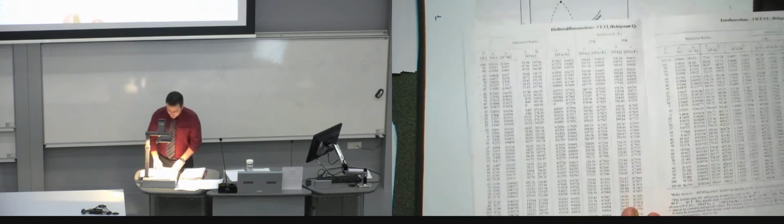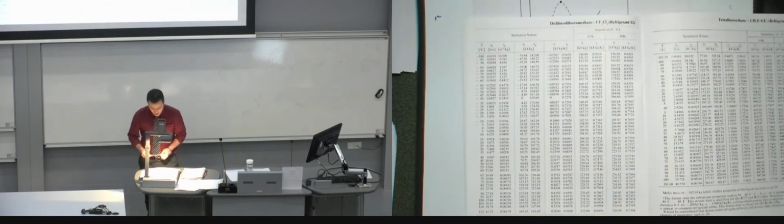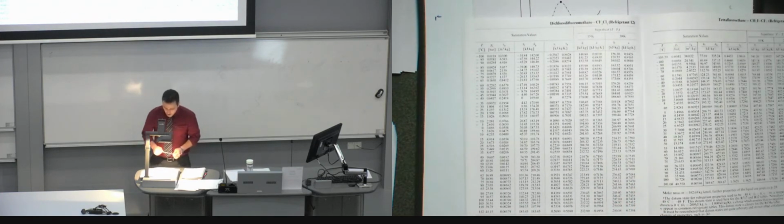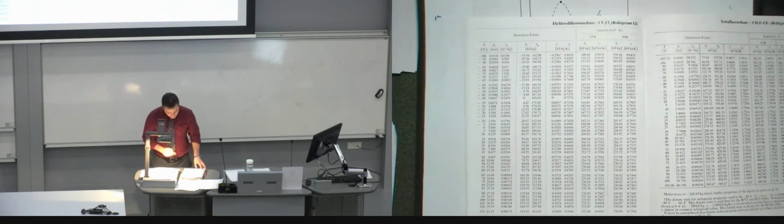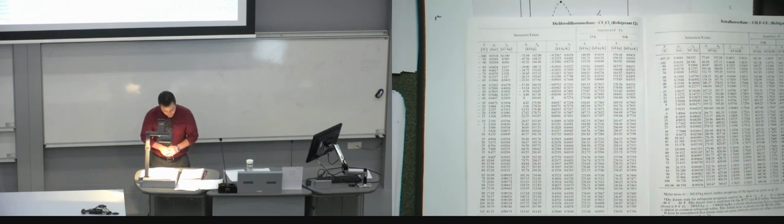R12 is what we call dichlorodifluoromethane. It's a very ugly name, so we adopt R12 as a better name. And what we need to do is look at the pressure which we've been given.